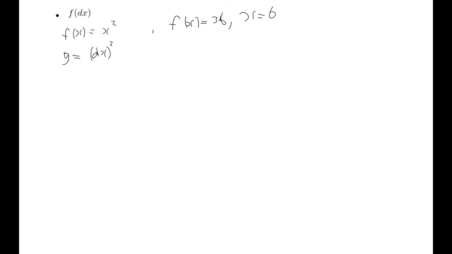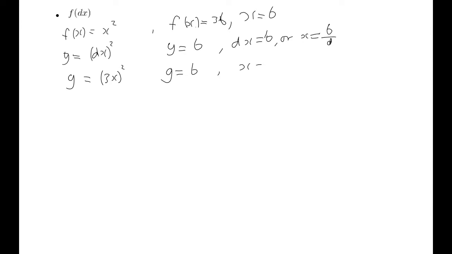Now, if I want y to equal 36, I need dx to equal 6, or x to equal 6 divided by d. It's going to happen d quicker. And again, if I put in g, I'm going to put that one in as 3x squared. Then if g equals 36, we only need x to equal 2.